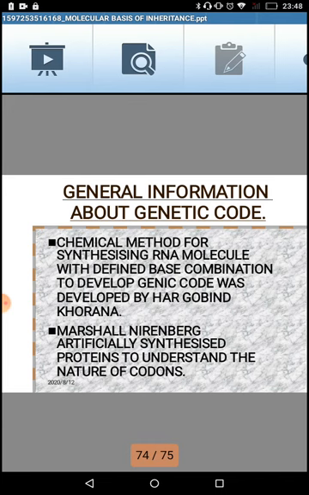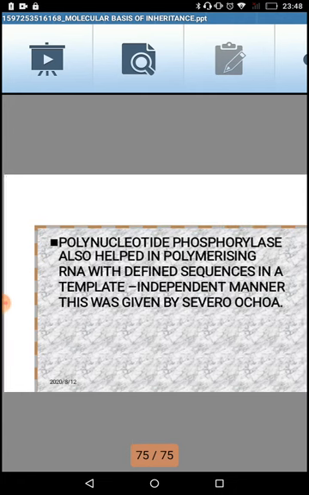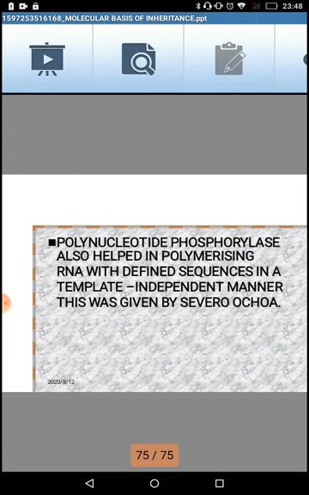This whole thing was worked upon by this scientist called Marshall Nirenberg. Next, polynucleotide phosphorylase also helps in polymerizing RNA with defined sequence in a template independent manner, and this was given by a scientist called Severo Ochoa. So, this is a little history about how the genetic code was discovered and how different scientists have given their contribution to it.